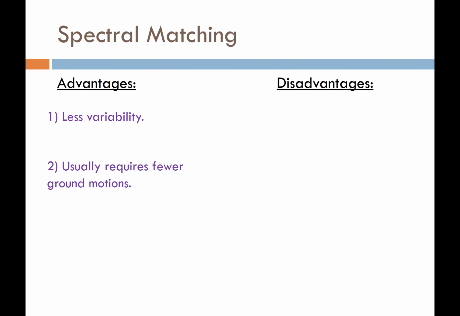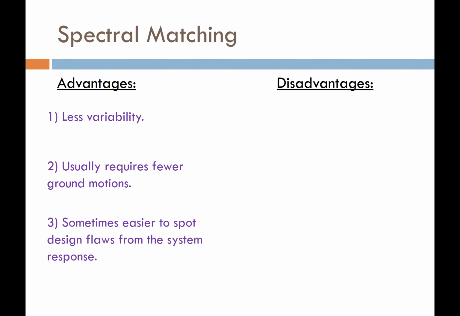I'm not sure if that law still stands. They may have just uniformly said you need at least 7 motions, regardless of which approach you use today. And like we said earlier, sometimes it's easier to spot design flaws in our structure or system when we have less variance in the input ground motions.